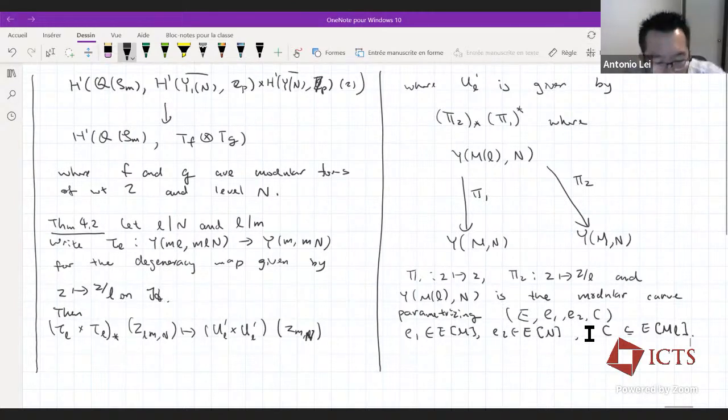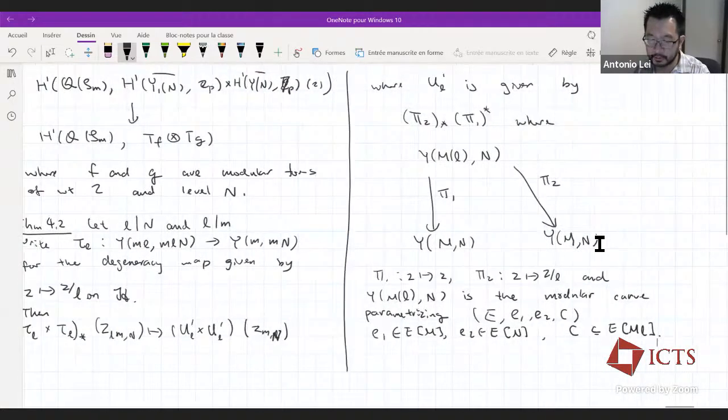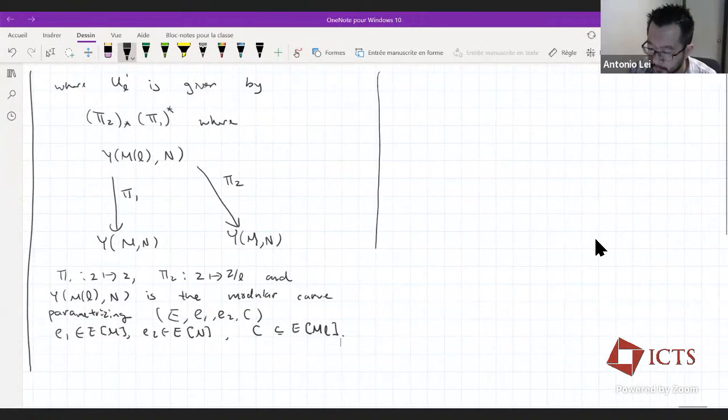Okay, and so my U_L prime is defined by these two projection maps given by Z sent to Z and Z sent to Z over L, and so it is essentially some kind of dual of the Hecke operator at L, if you want.